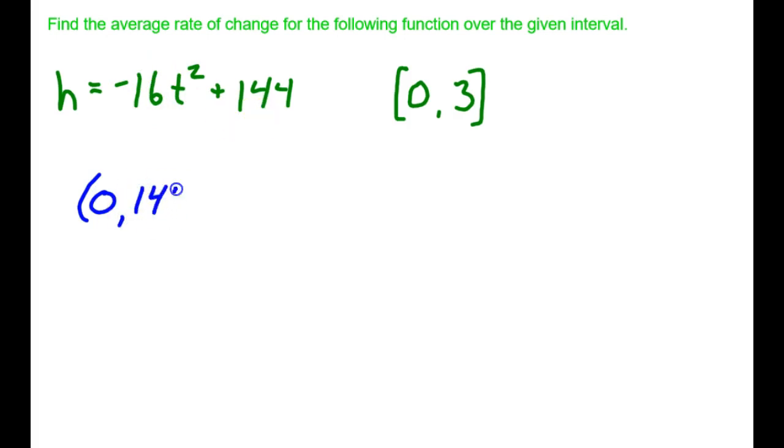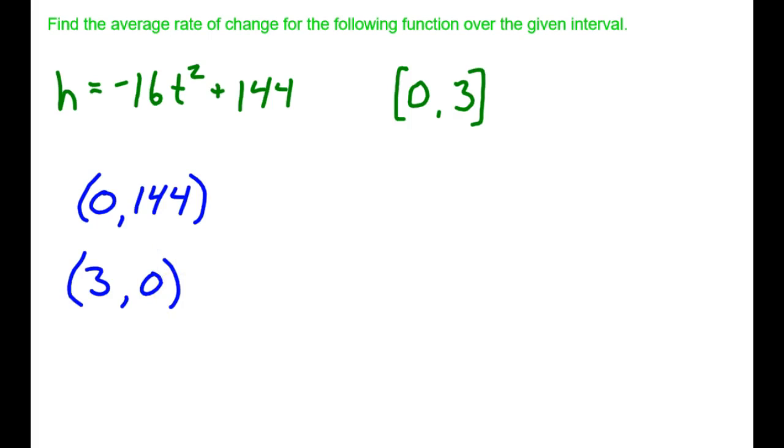So my initial point is (0, 144). Now if I plug in the second point, which would be a t value of 3, 3 squared is 9. 9 times negative 16 is negative 144. Negative 144 plus 144 gets me 0. So we have our two endpoints.